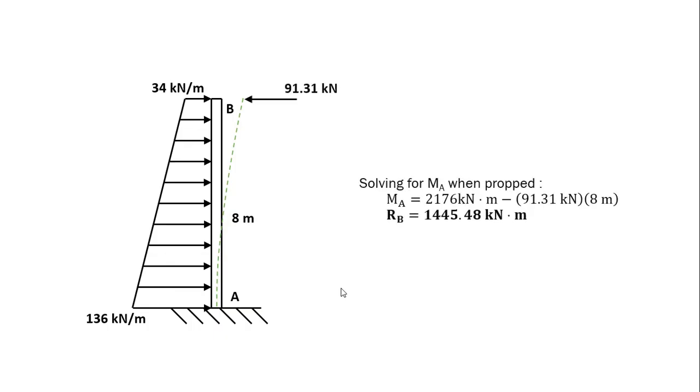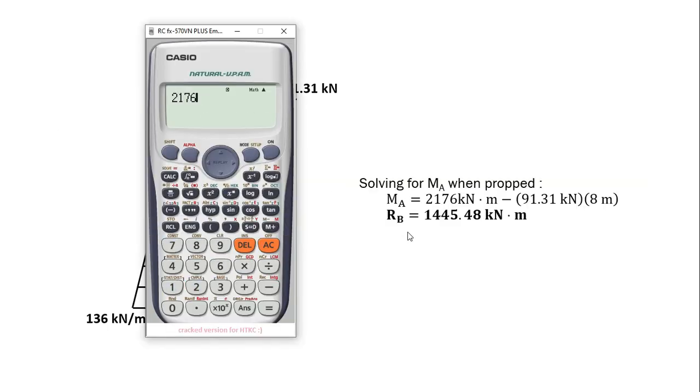Okay. So, now, solving for MA when propped. Okay, we have what? The earlier 2,176 kN meter minus 91.31 times 8 meters. So, that is fairly basic, because the moment of this at point A is this itself times 8 meters. So let's see. So, 2176 minus 8 times the magnitude of RD, 91.31. Let's use the exact value. 1445.48.